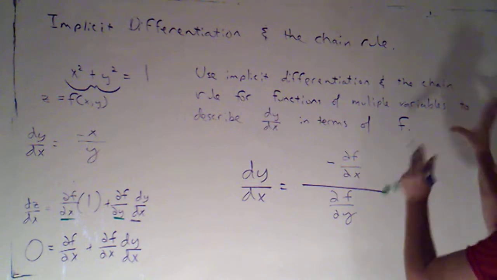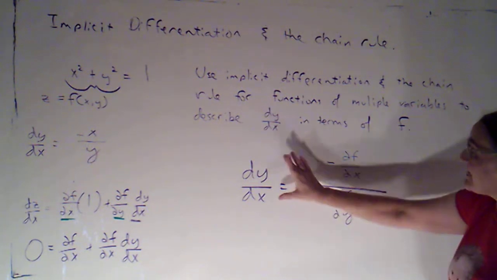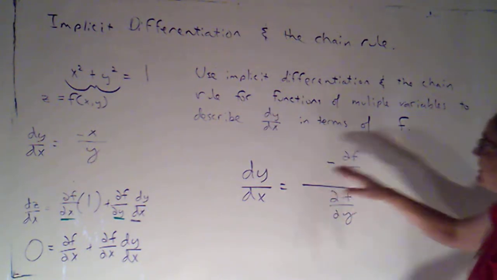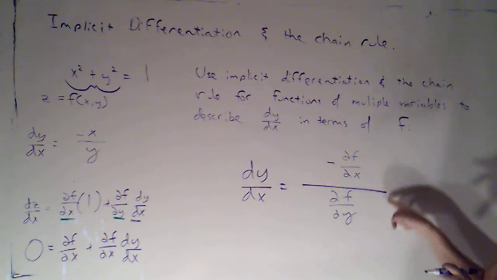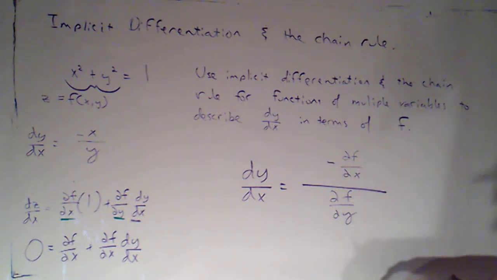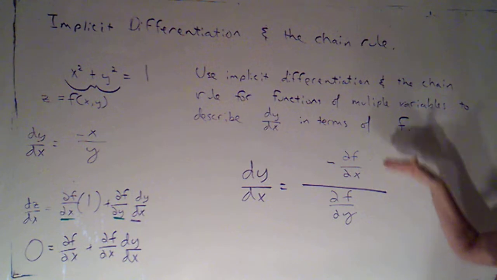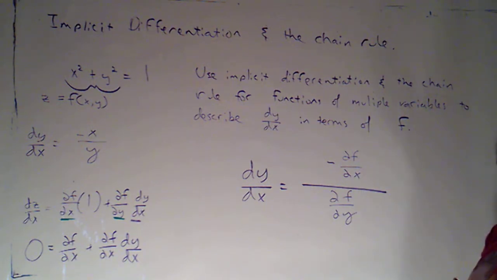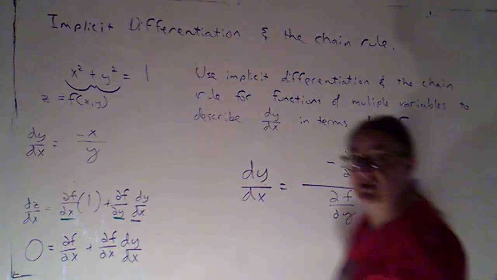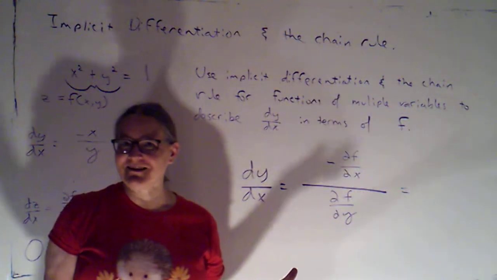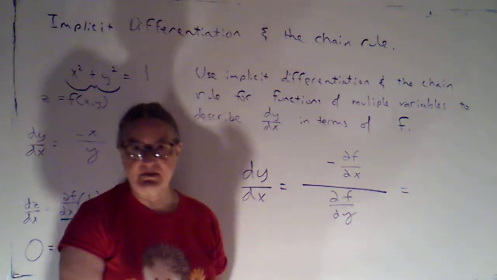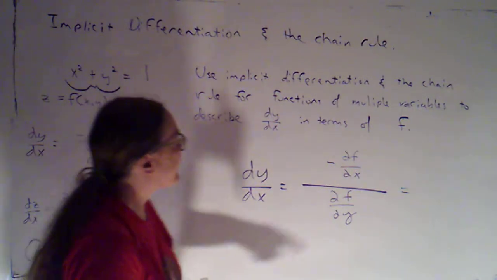Notice that does exactly what I wanted it to do. That gives me this derivative in terms of f. It's this ratio, well, the opposite of this ratio of the partial derivatives of f with respect to x and y. And now let's go ahead and actually calculate that and see that it agrees with what we got anyway using implicit differentiation.